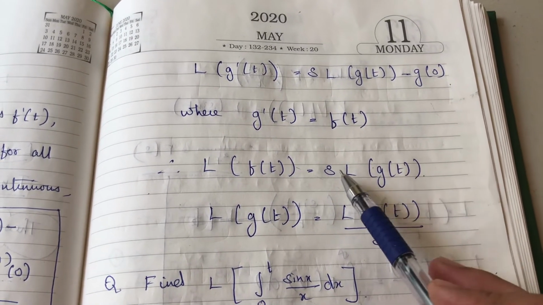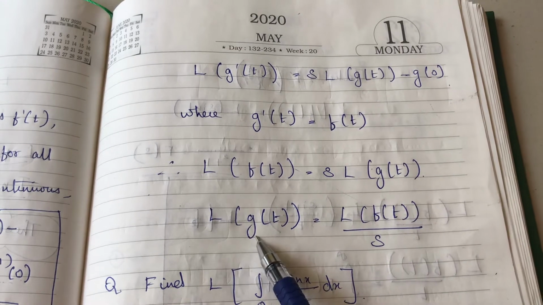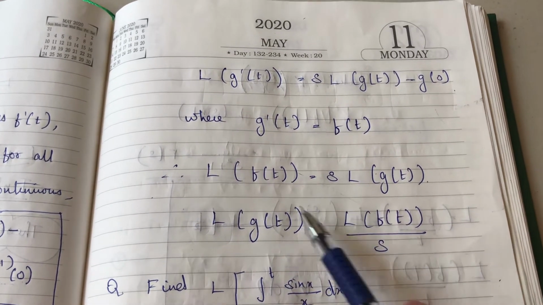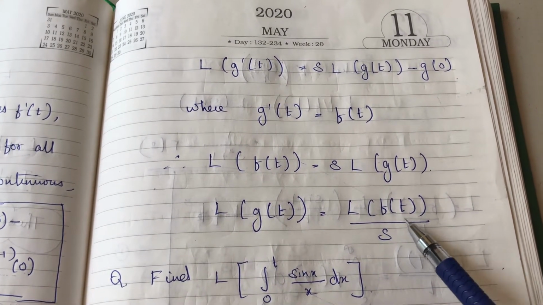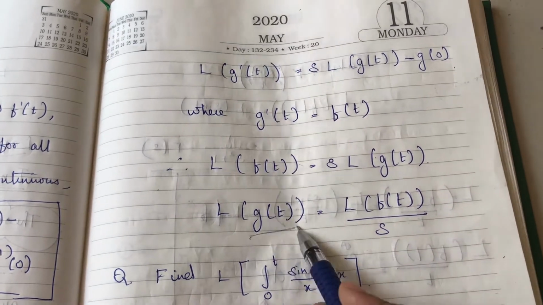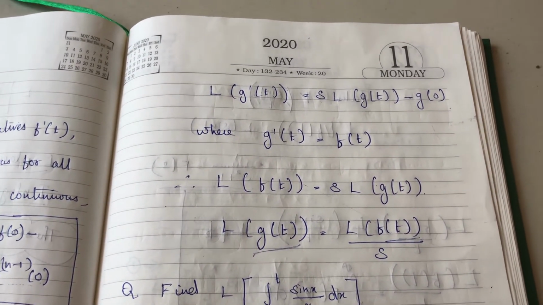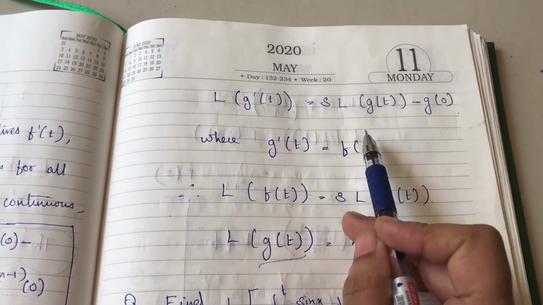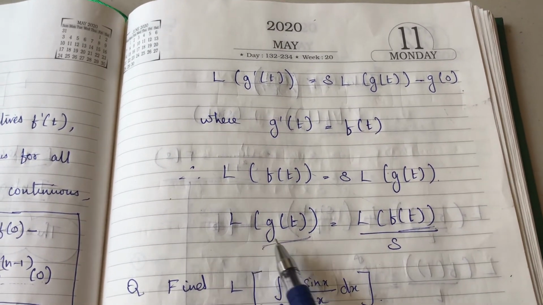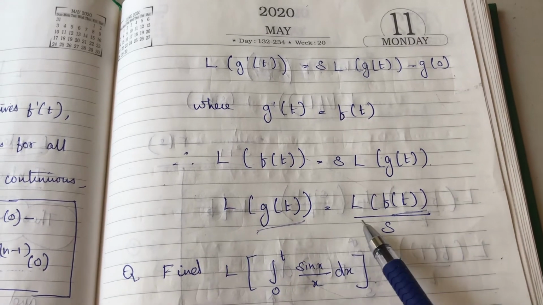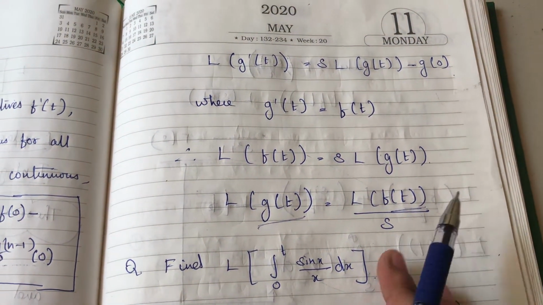So we can easily write L of g of t will be equal to this term by s, L of f of t. Okay, this term and this term. If I say g dash of t is f of t, I can write this as L of g of t will be equal to L of f of t by s.